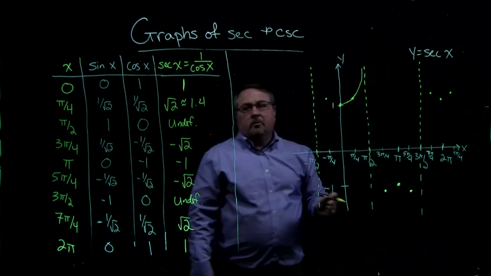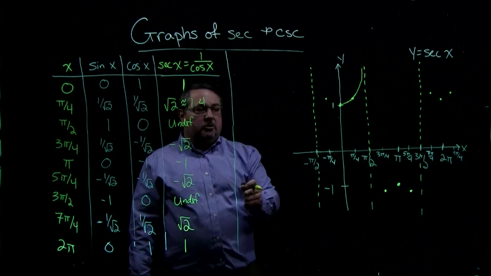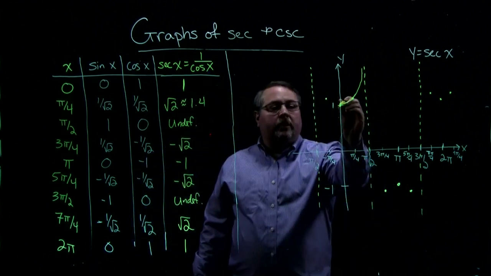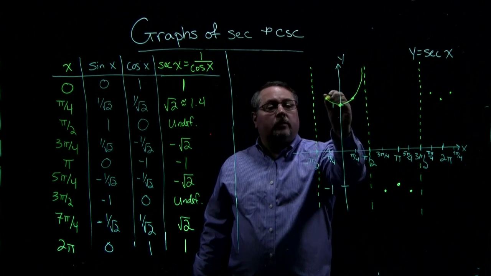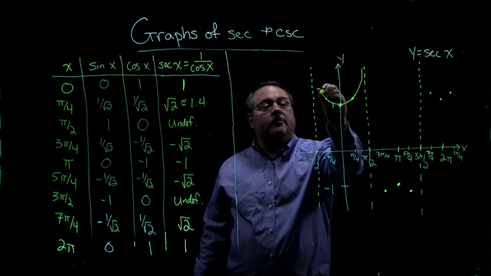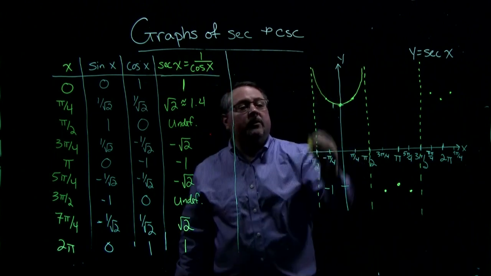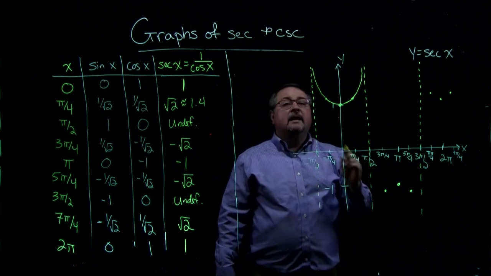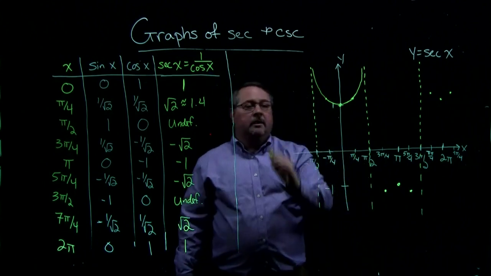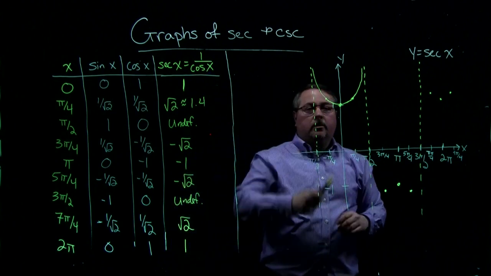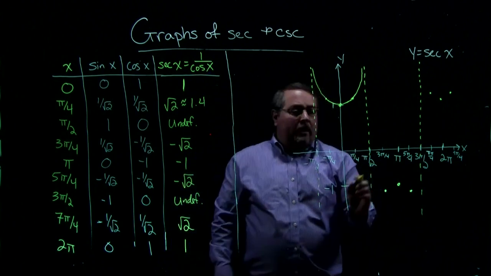And as that cosine approaches 0, the secant is going to approach positive infinity. And similarly, if we go backwards, now we're going to be in the fourth quadrant with these negative angles. In the fourth quadrant, the cosine and the secant will remain positive, and therefore our secant values will again go up to positive infinity as our cosine values approach 0.